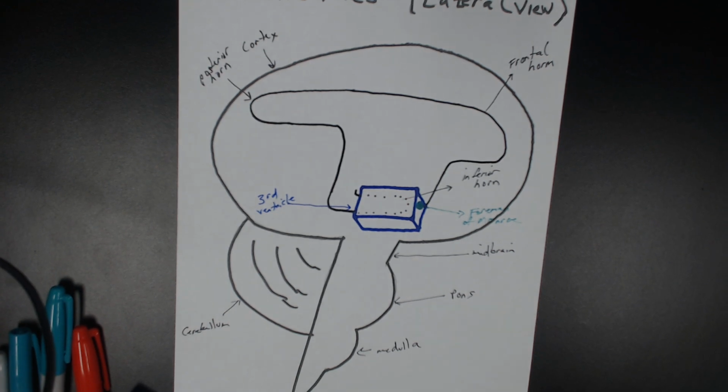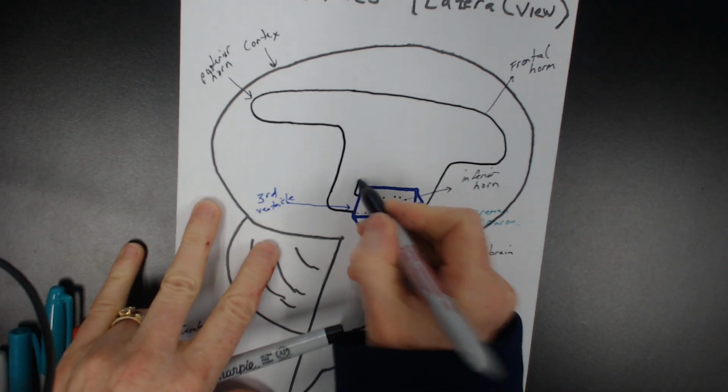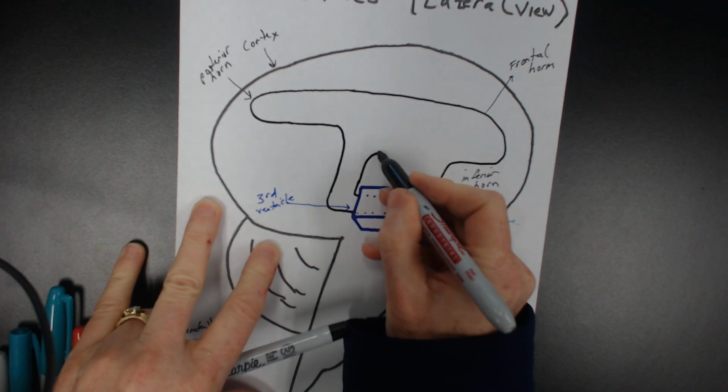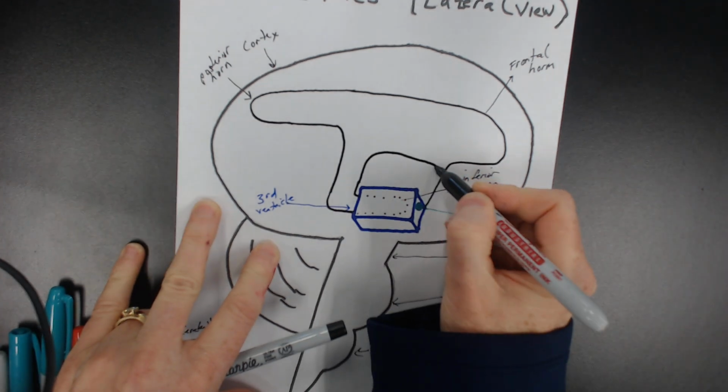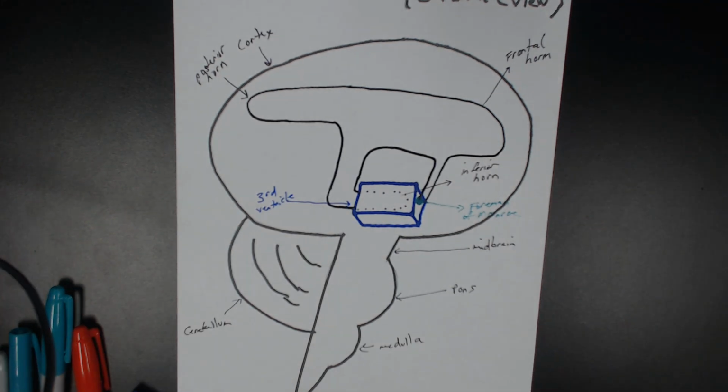All we have to do is complete the circuit. So we go up, and then over, and this is the connection to that foramen of Monro that connects the lateral ventricle to the third ventricle. There's a lot of stuff to see that you can see quite well with this section.